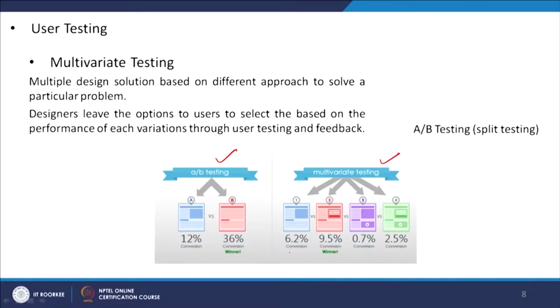Multivariate testing and A/B testing, or alpha beta testing, are similar. In multivariate testing we create multiple variations, and in A/B testing we create only two variations. So it is just a number: if we create two, it is A/B testing, and if we create multiple variations, it is multivariate testing. A/B testing is a kind of multivariate testing, or split testing, which we have discussed earlier.